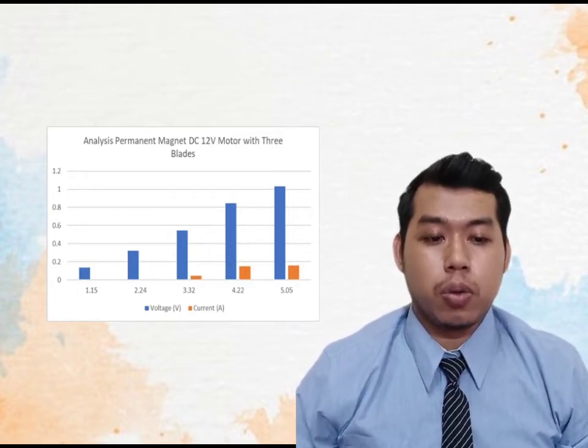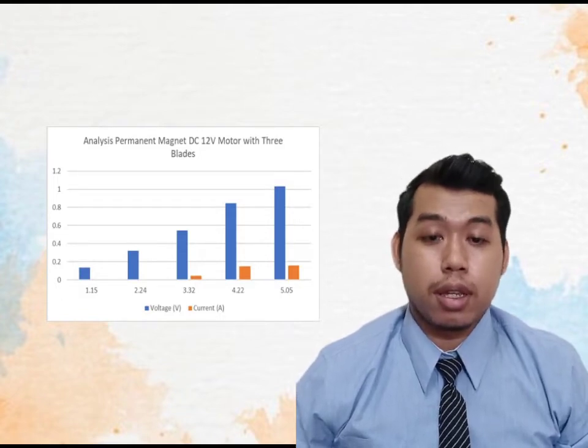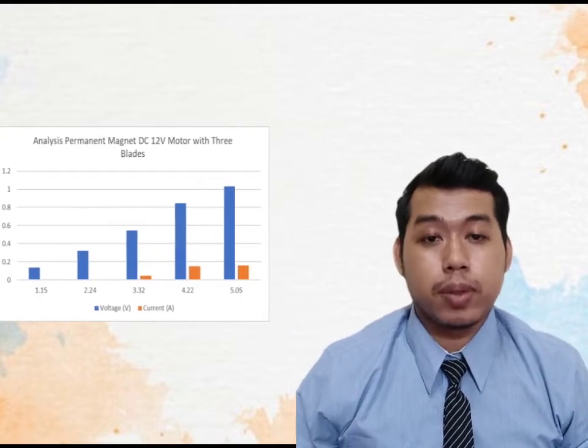The current produced for minimum voltage is 0.001 ampere and the maximum current is 0.15 ampere. The second graph is for the 5 blades.